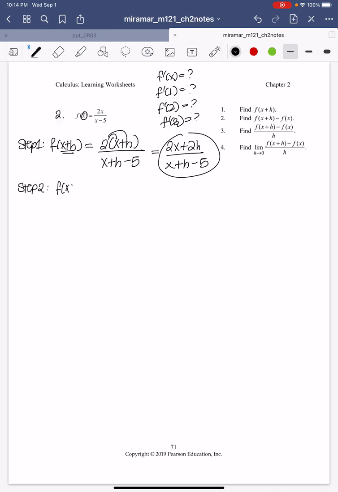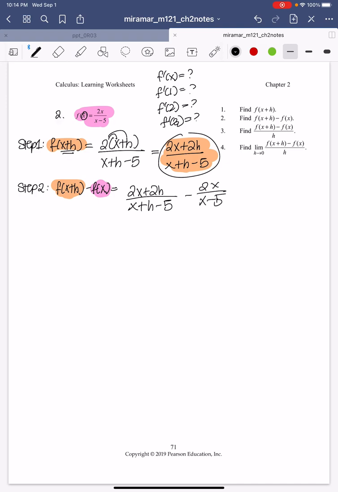Step 2. f of x plus h minus f of x. So it will be this function, which is over here, take away f of x. Okay, so let's replace that. So this will be 2x plus 2h, the orange term, subtract the pink term, 2x over x minus 5.